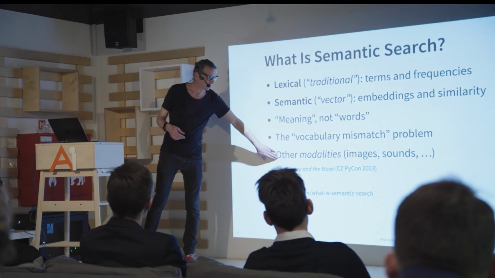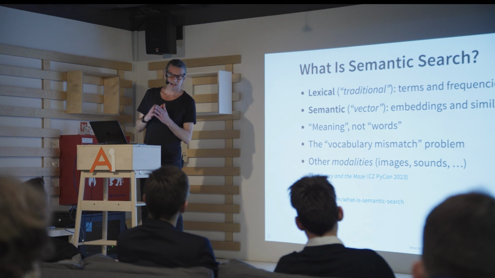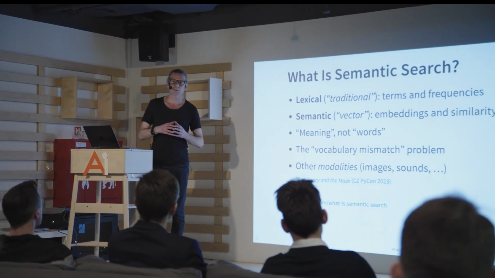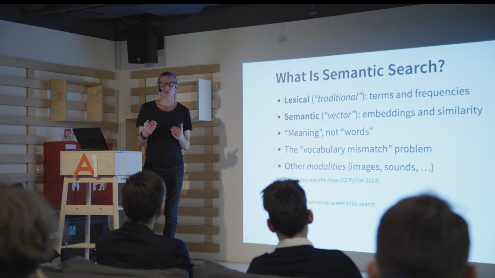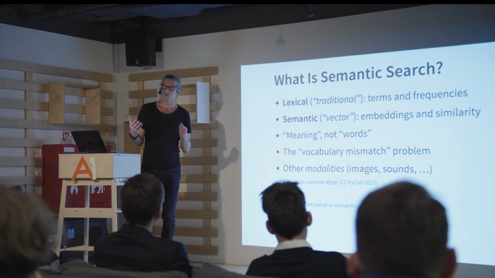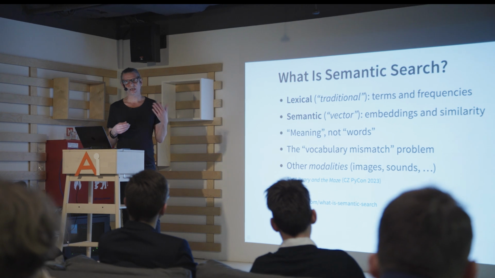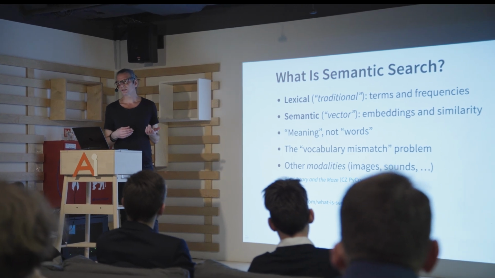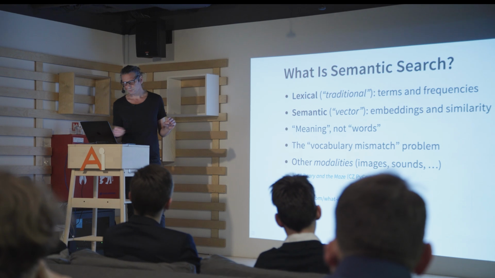Another thing I want to highlight is that in this talk, we're going to be concerned with text, and our data will be Wikipedia, so it's strictly text. But there's no limitation whatsoever to using semantic search for other modalities, as is the technical term: images, sounds, other types of content, which you can transform to embeddings.